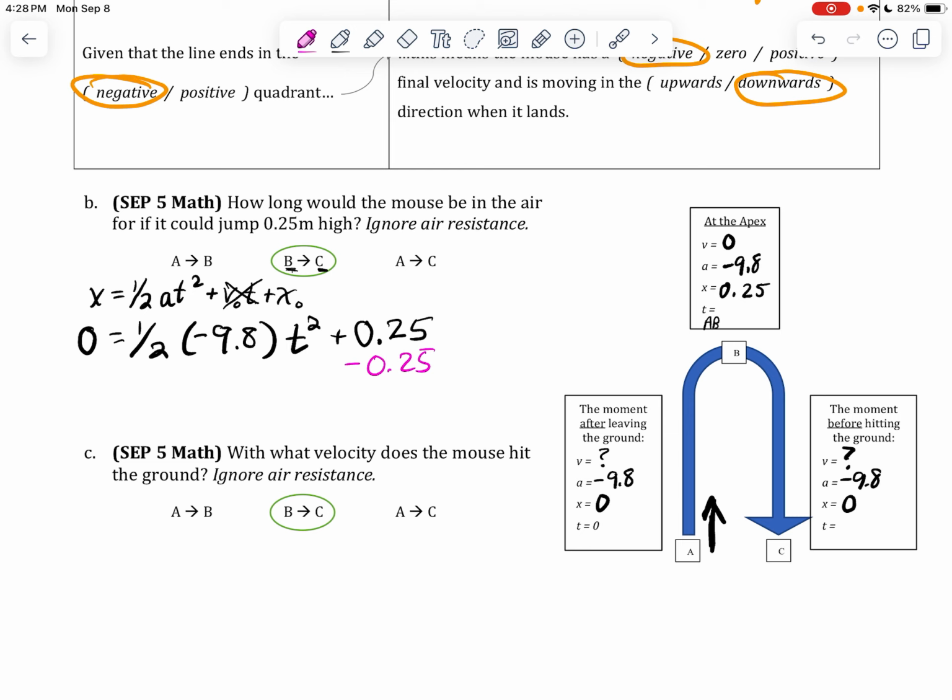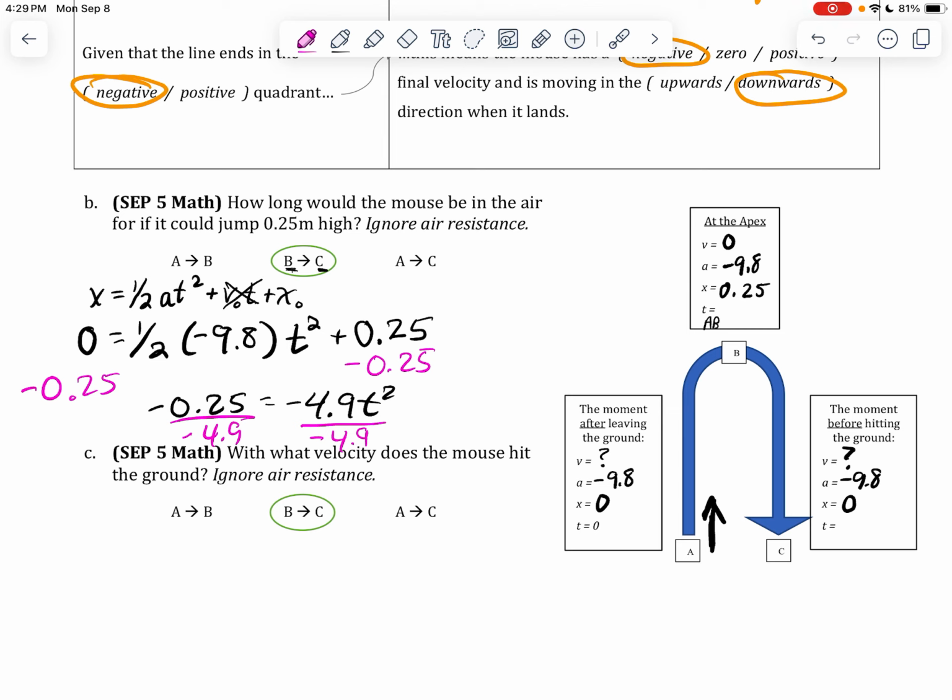Do that real fast here. And let's see, so I get negative 0.25 equals negative 4.9 times t squared. Got to divide both sides by negative 4.9. And then, let's see, what am I going to get here?